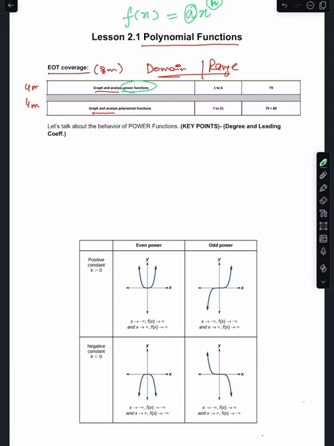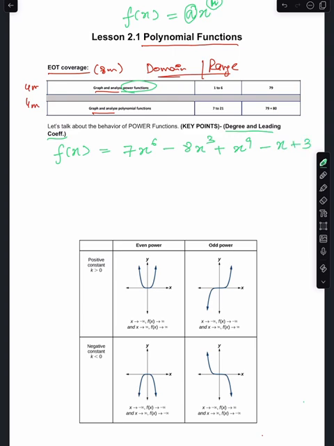But before that, we need to talk about something very basic about a polynomial function, which is about degree and leading coefficient. So to understand this, let's keep a small example here. 7x power 6 minus 8x power 3 plus x power 9 minus x plus 3. Just a random polynomial.